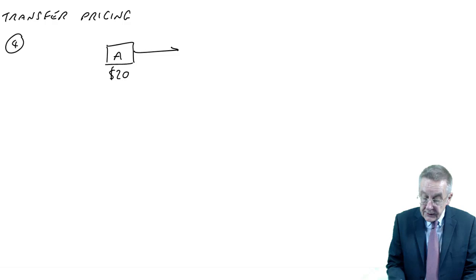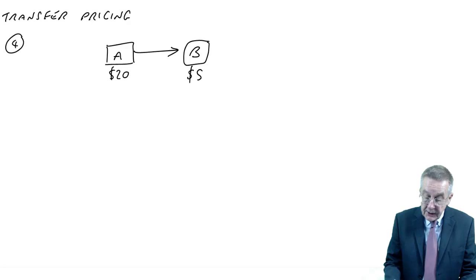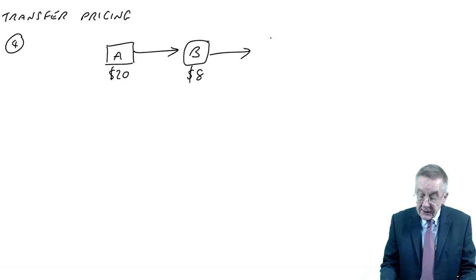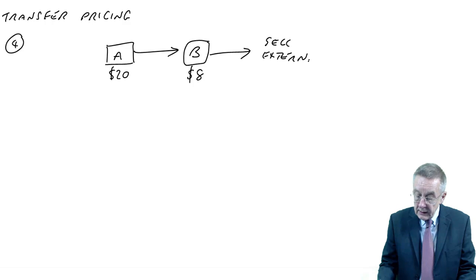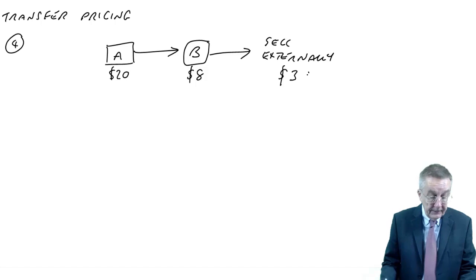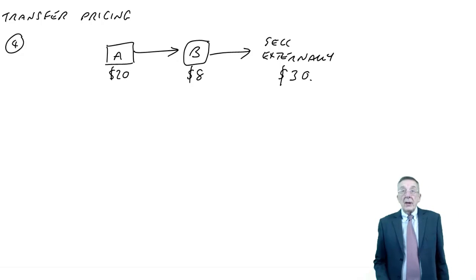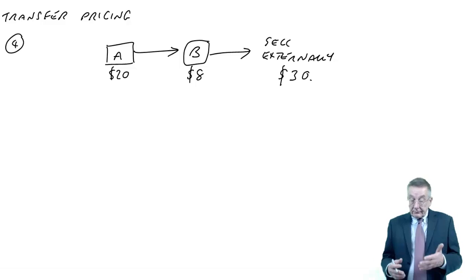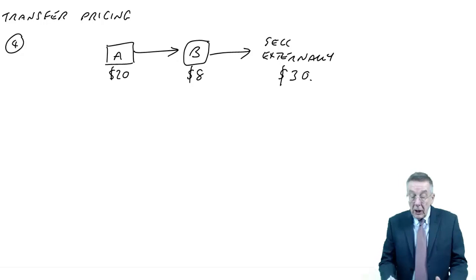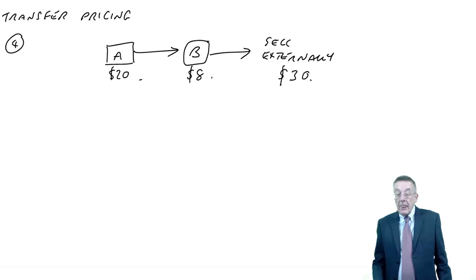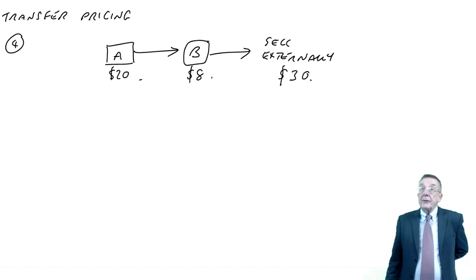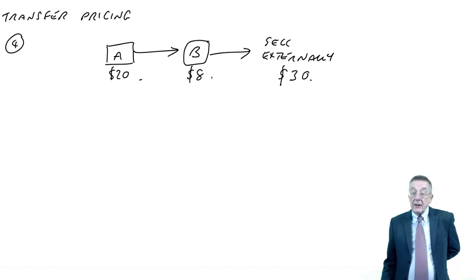They transfer goods to division B, which has extra costs of 8 a unit, and B sells externally to outside customers at 30 a unit. So the company as a whole has total costs of 28, selling for 30. The company's making a profit of $2. They want this product to be produced.